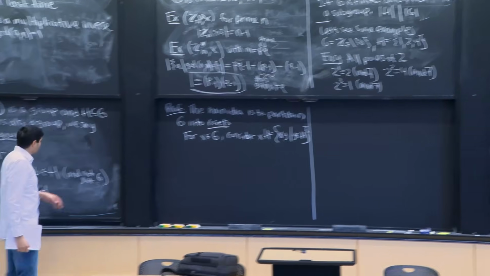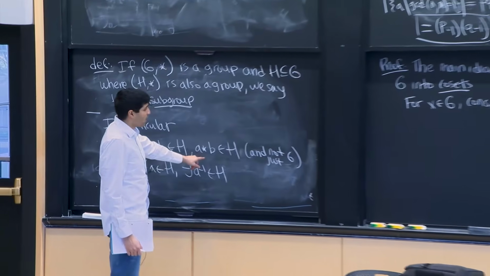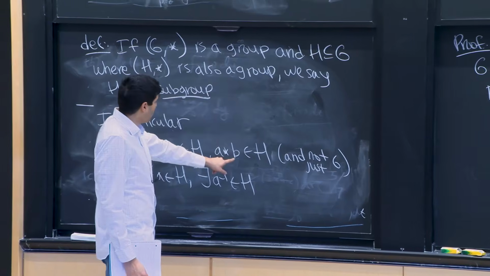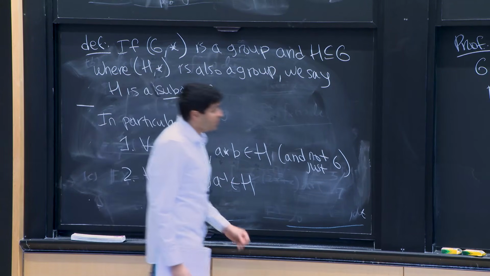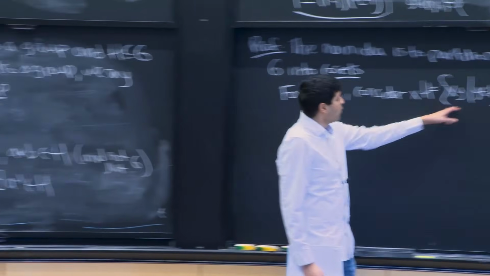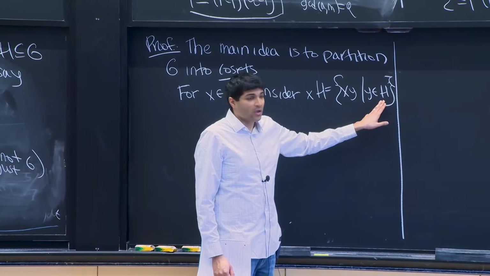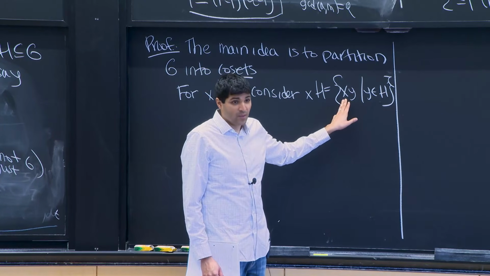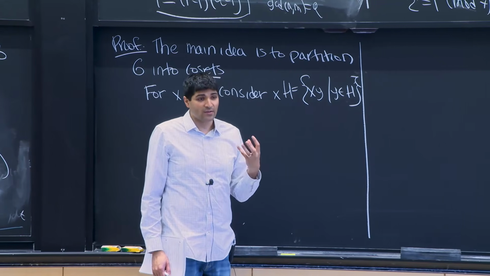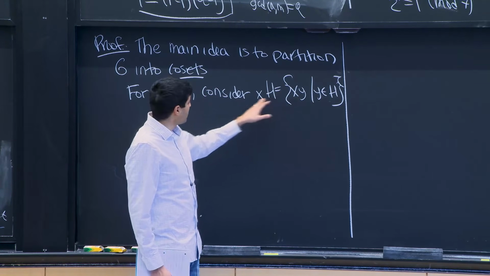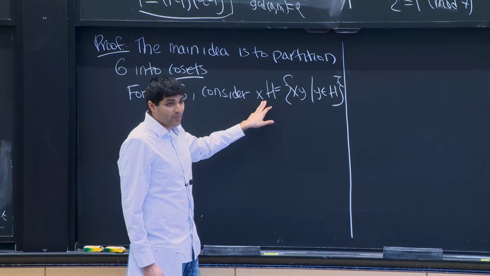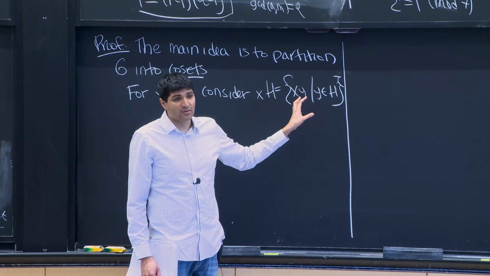For the definition of the subgroup, we needed the property that when I take a pair of elements belonging to H, we go back within H. Here I'm taking a pair of elements, one of which belongs to H, and one of which is general. And these are my different translates. As I range x over the group, I'm going to get different pieces of the group.